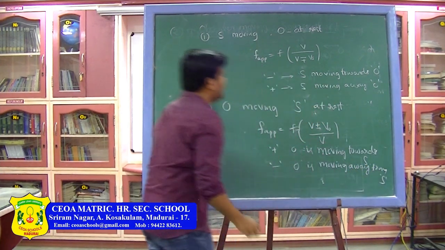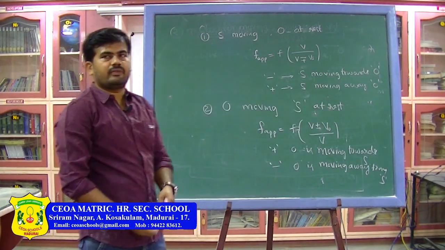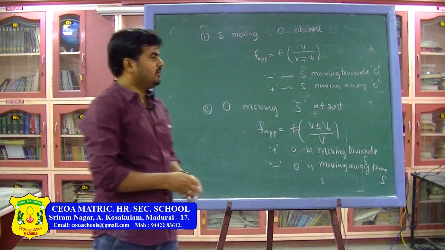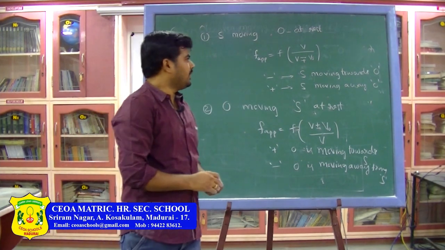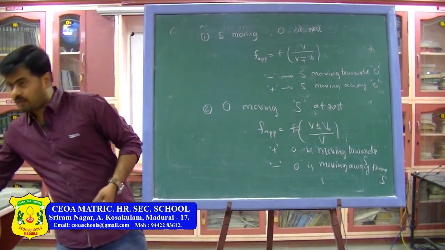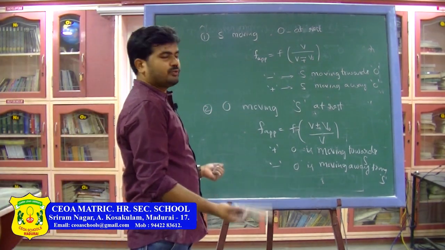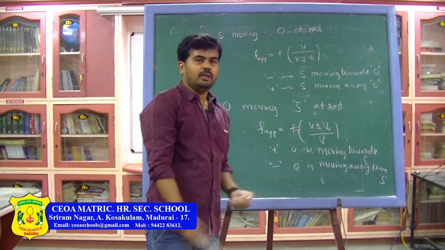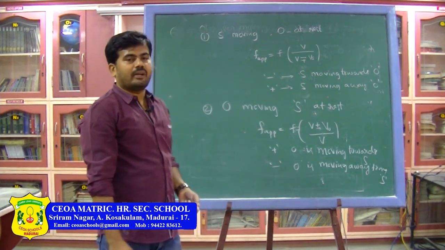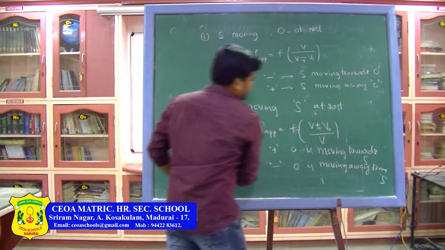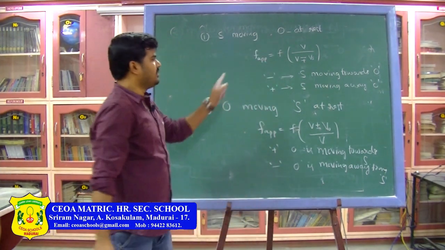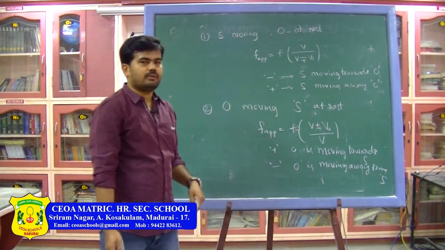So, these are the different cases of Doppler effect in sound. Now, if both are moving, let us see how to calculate the apparent frequency. That means, if both source and observer are in motion, how to calculate the apparent frequency. Remember these formulas, make a note of them clearly.